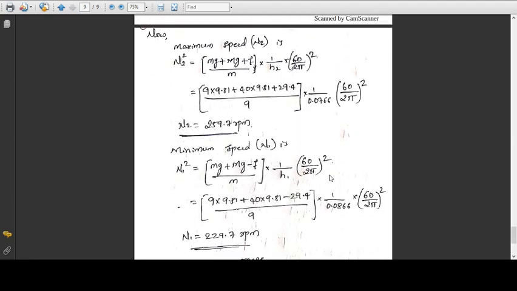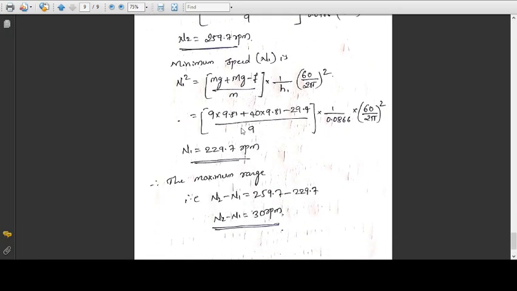Now moving further, the maximum speed N2 is given by N2 square equal to, and we have already described the equations in the previous step. The same equations we are going to use here. In place of F you need to substitute the calculated value. From that you will get N2 as 259.7 rpm.